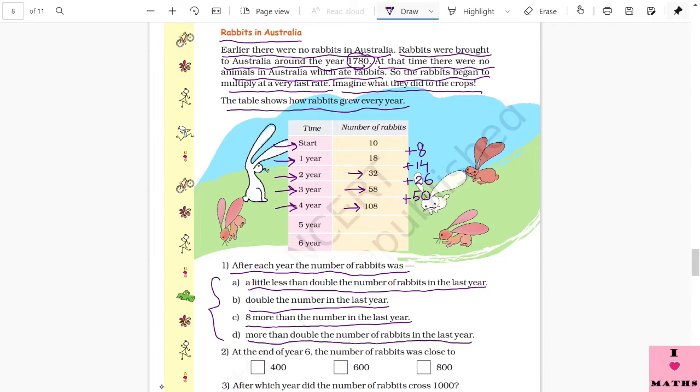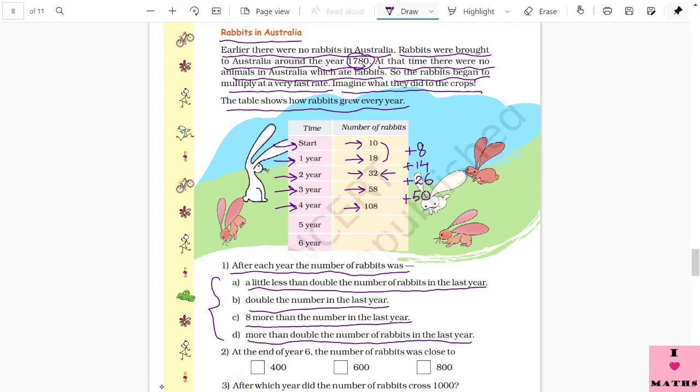Okay, now if you see, in the beginning there were 10 rabbits. After 1 year, 8 were added. Now from 10 it became 18. It is slightly less than double, because the double of 10 is 20 and 18 is slightly less than double. Now the second year it was 32.